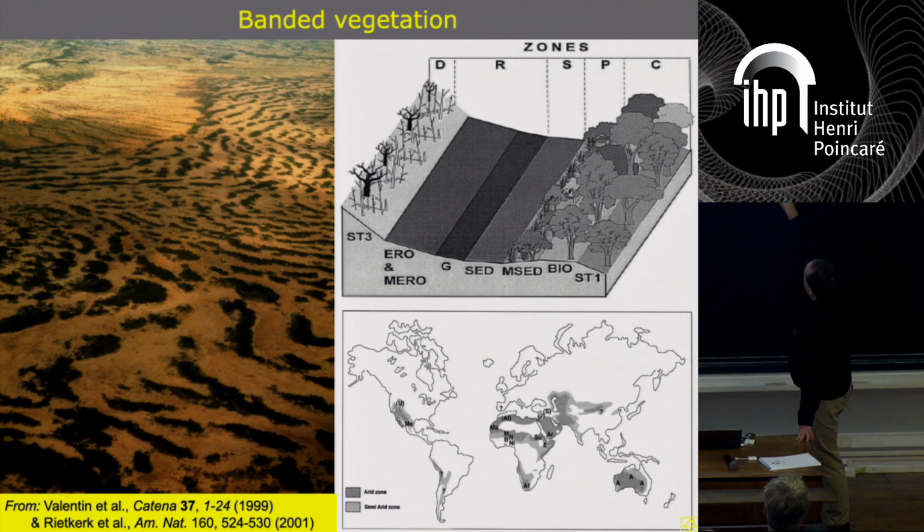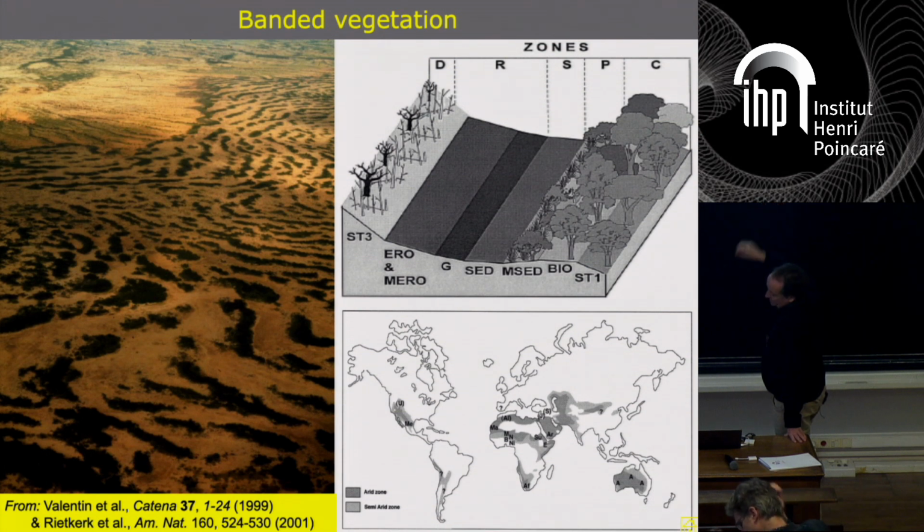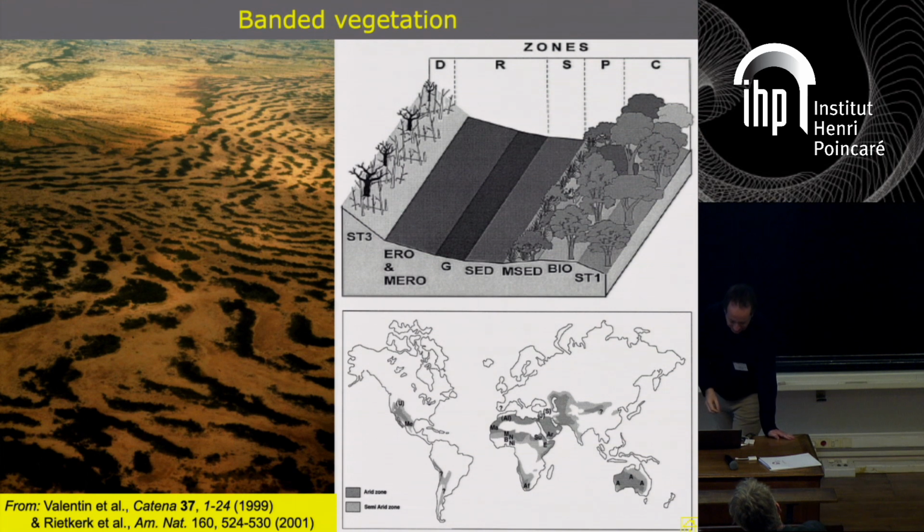If two bands are too close, they would be competing, so that's an example of competition at a certain distance for the same resource. In the same way, vegetation facilitates infiltration locally, and that is a positive feedback: when you have more vegetation, you get more water, and so possibly facilitate the growth of the vegetation.